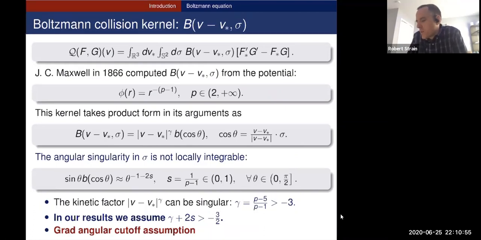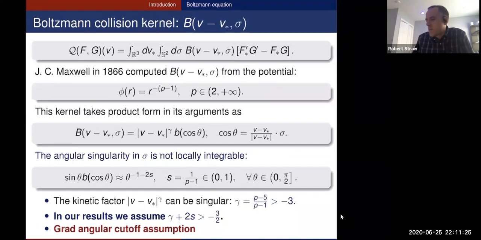It's satisfied for the hard sphere case, but it's not satisfied for the inverse power intermolecular potentials, and the behavior is very different. If you assume the Grad angular cutoff assumption, there's no smoothing effect, and this is no longer a fractionally diffusive operator. If you use these singularities, then you get fractional diffusion.